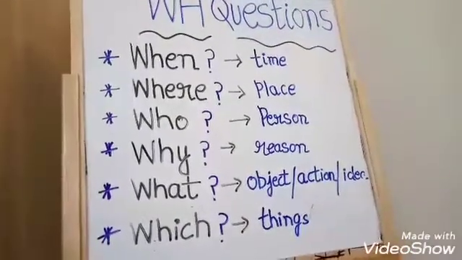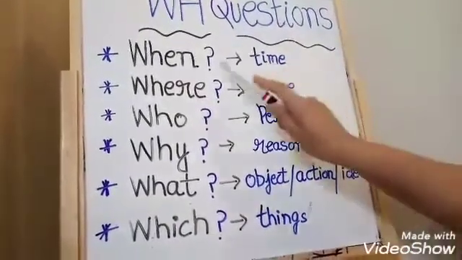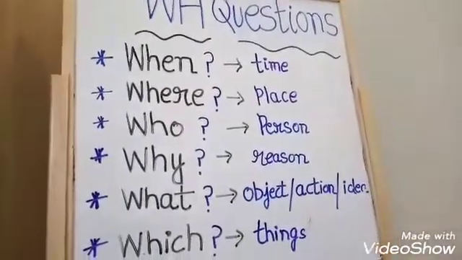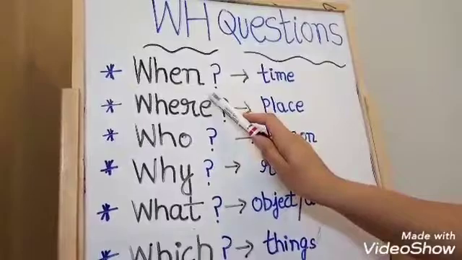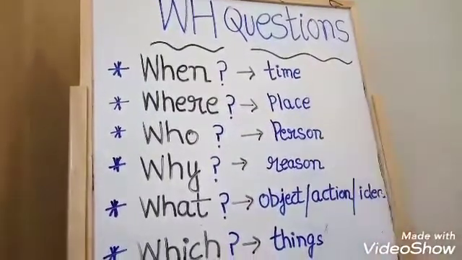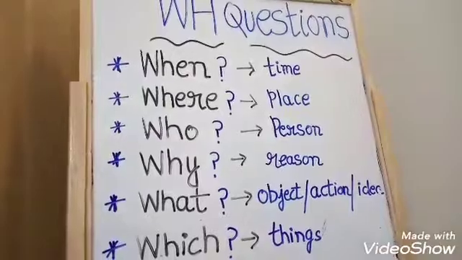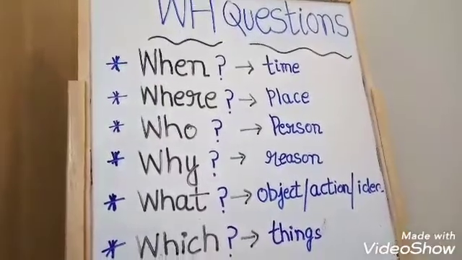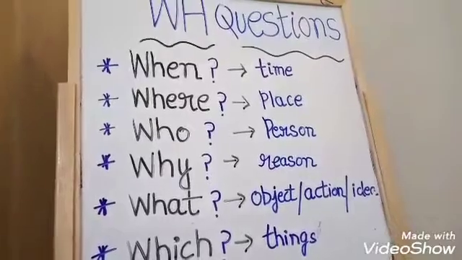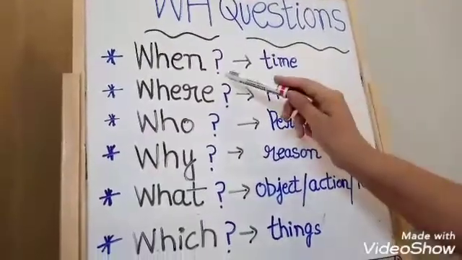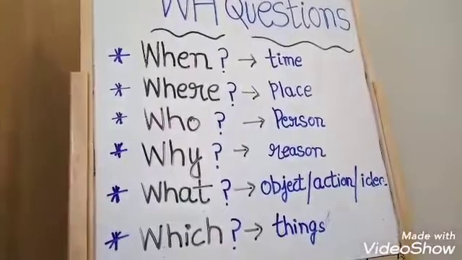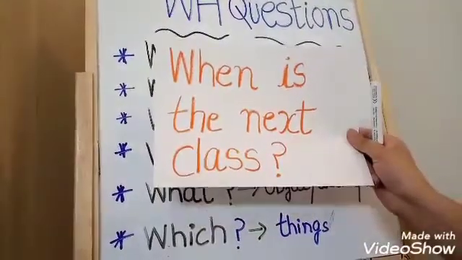So the first one is the question when. The question when is used when we want to know the time of a particular event. So whenever you want to know the time of a particular thing or when it has occurred, we always use the question when. For example, we may say, when is the next class?